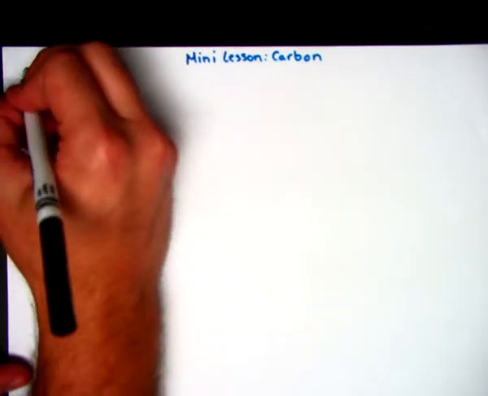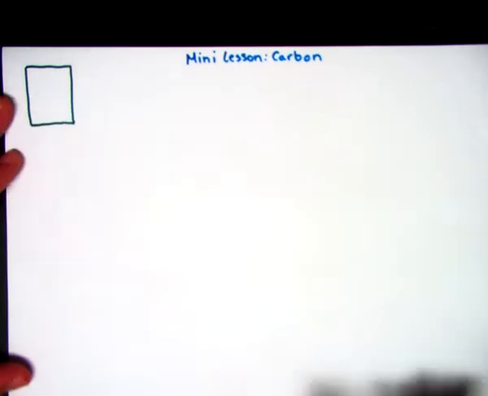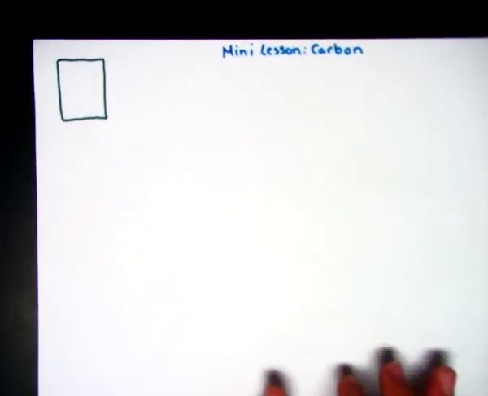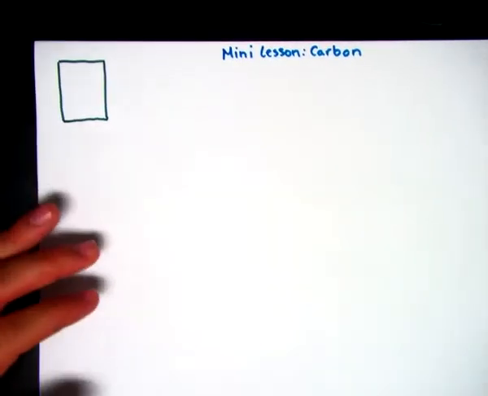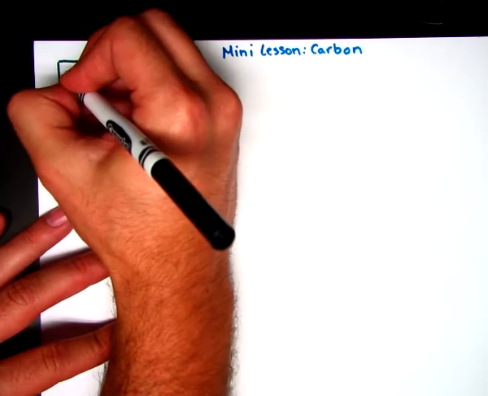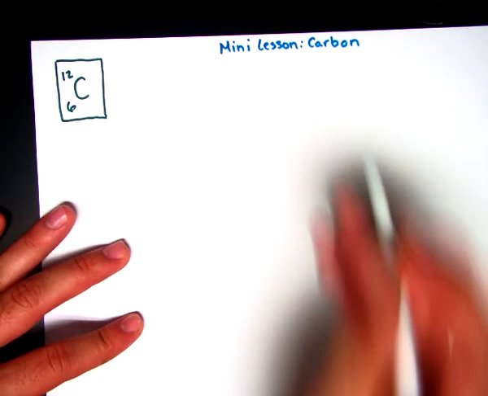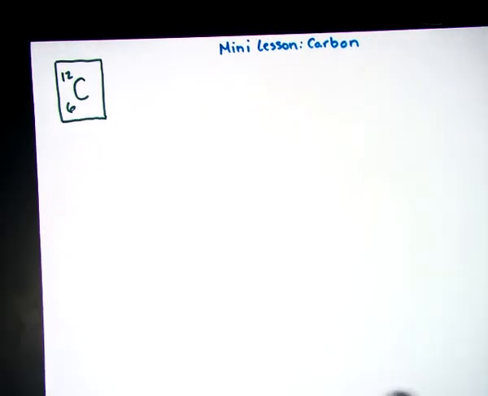Carbon is the single most important atom in biology. As a reminder, its mass number is 12. Atomic number is 6.